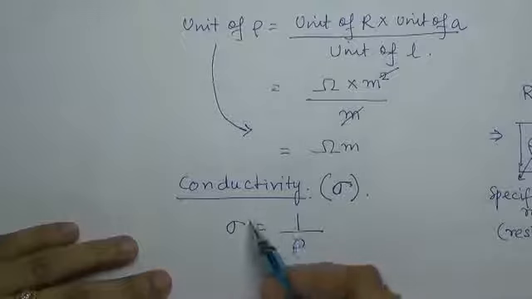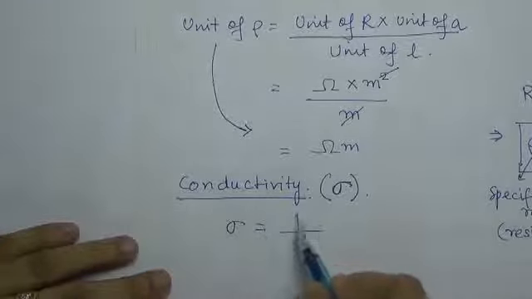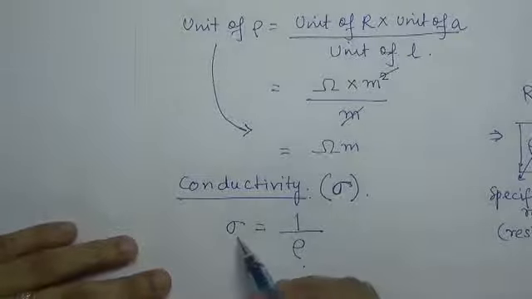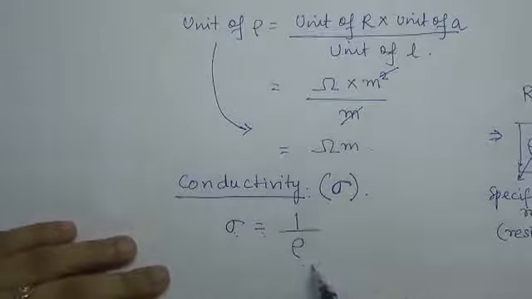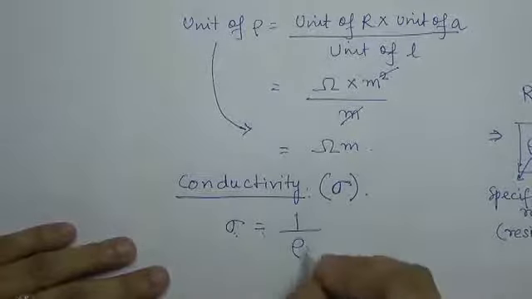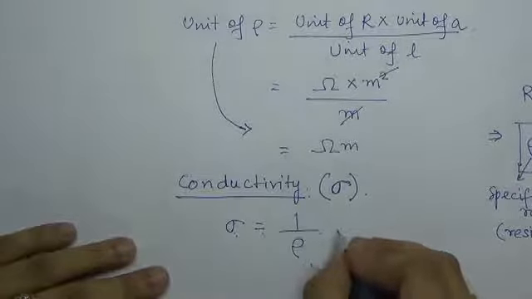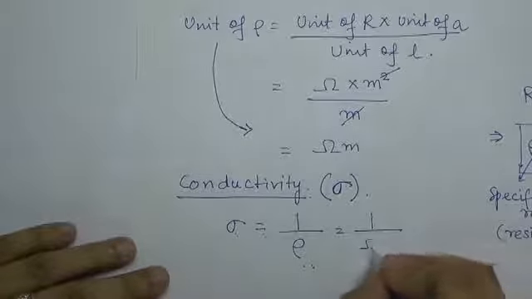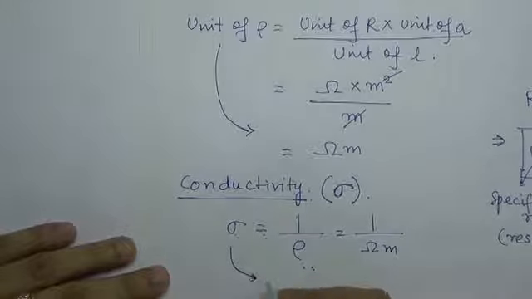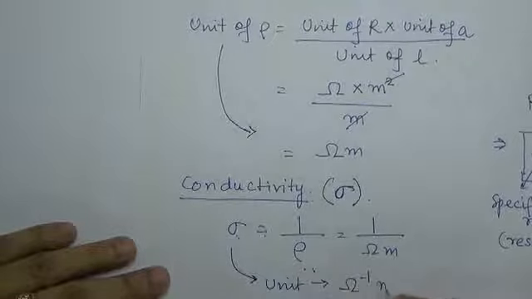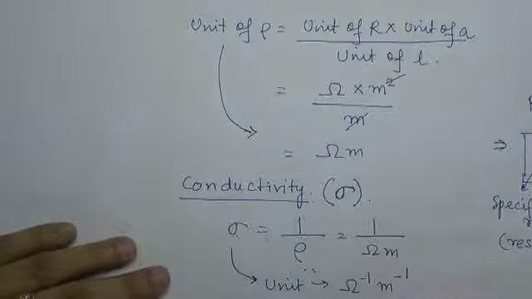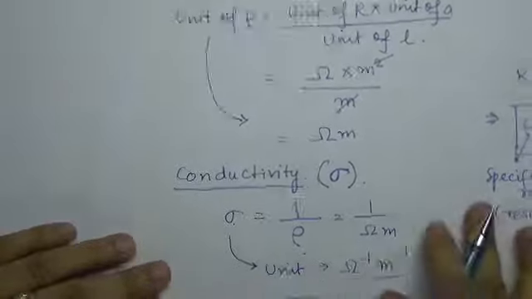That means the conductivity is equal to 1 by resistivity. So what will be the unit? It will be 1 by unit of resistivity. And what is the unit of resistivity? Ohm meter. So the unit of conductivity will be ohm inverse meter inverse. You can also say ohm inverse and meter inverse.